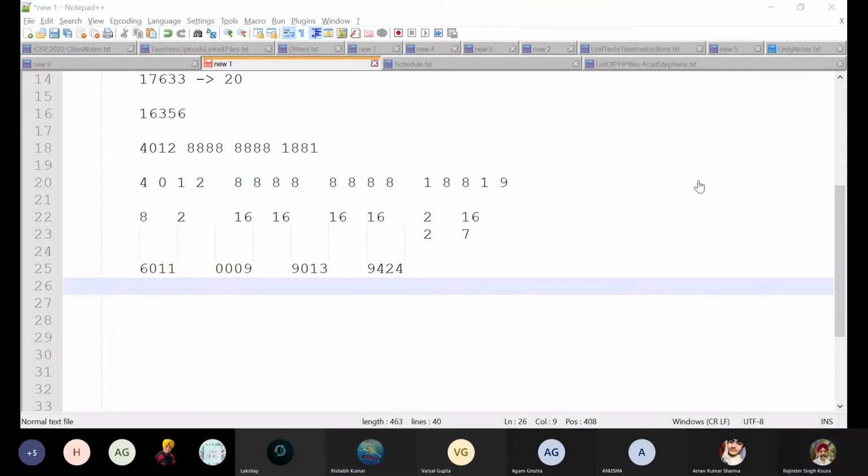What is the first digit, Agam? Out of the answer of the 2 digits, what is the left digit? So 5. Is that right, Arnav and Agam?